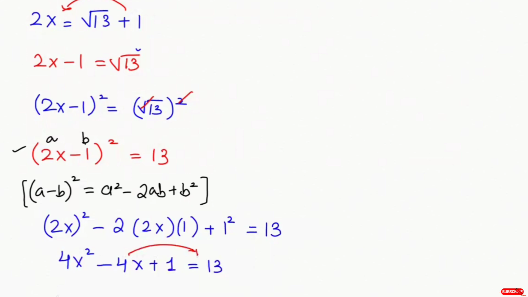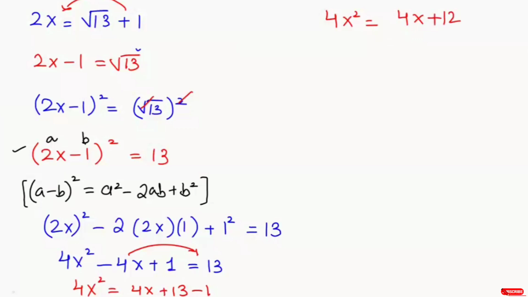So this equation turns to 4x squared equals 4x plus 13 minus 1. And this will be 4x squared equals 4x plus 12, since 13 minus 1 is 12.